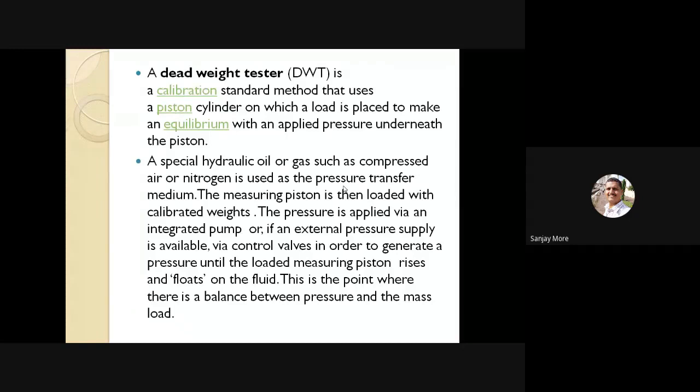A special hydraulic oil or gas such as compressed air or nitrogen is used as the pressure transfer medium.